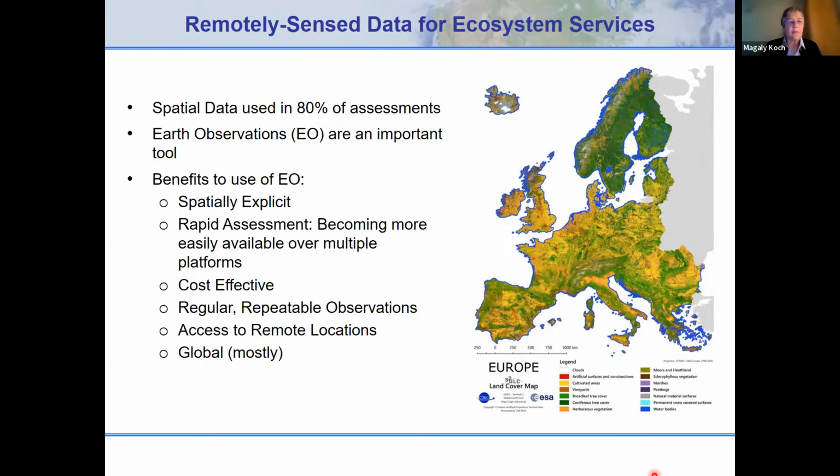Here I'm summarizing what spatial data is, and now I'm not using only the words remotely sensed data, but spatial data, because that includes also GIS layers. So once you observe the Earth from space, you capture an image, you convert that into a thematic map, and then ingest that in a GIS system.